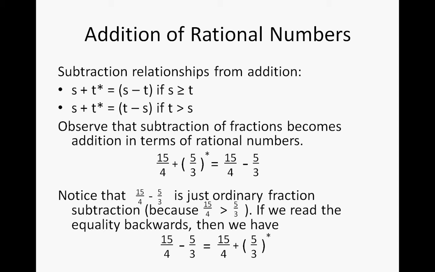So if you turn this around and read the equality backwards, basically what you're stating is subtraction is addition. 15/4 minus 5/3 is the same as 15/4 plus the opposite, or the mirror reflection, of 5/3.